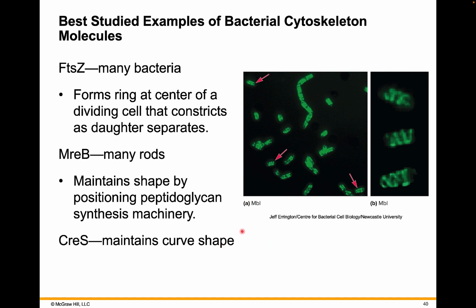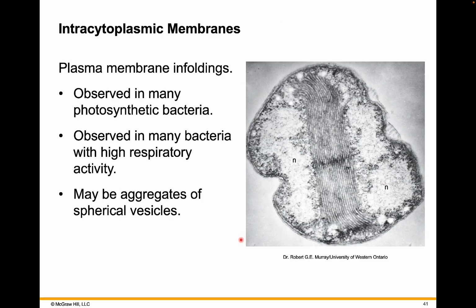MreB is also present, and these are all important cytoskeletal proteins. The overview of these proteins is good enough for here, and we are going to talk about their application and mechanism, how they help in cell division, later in a different chapter.